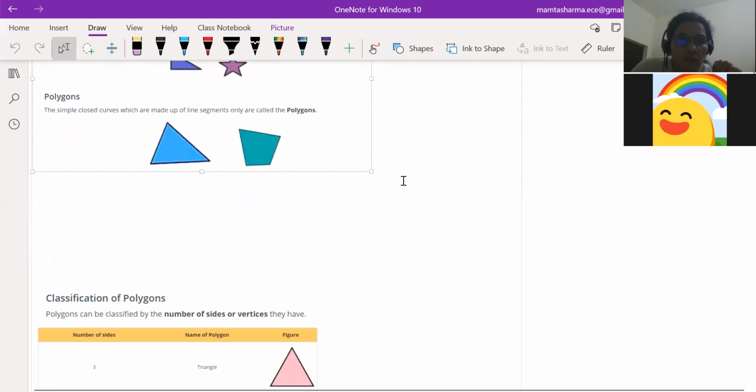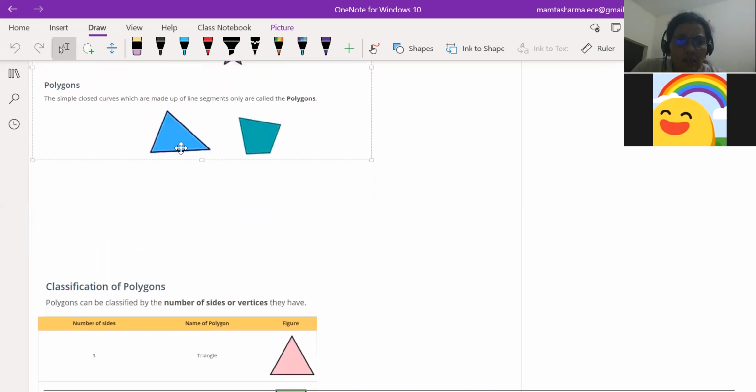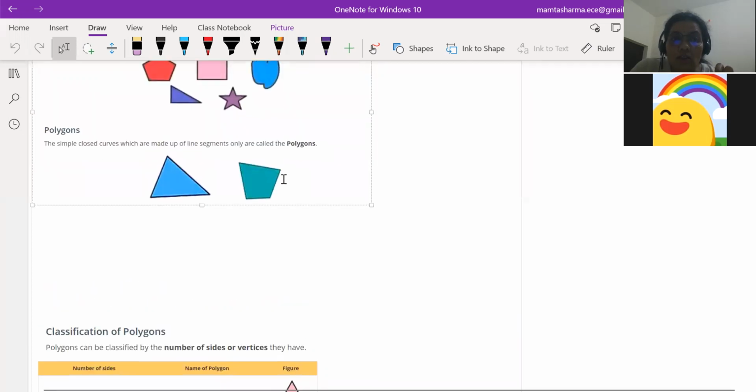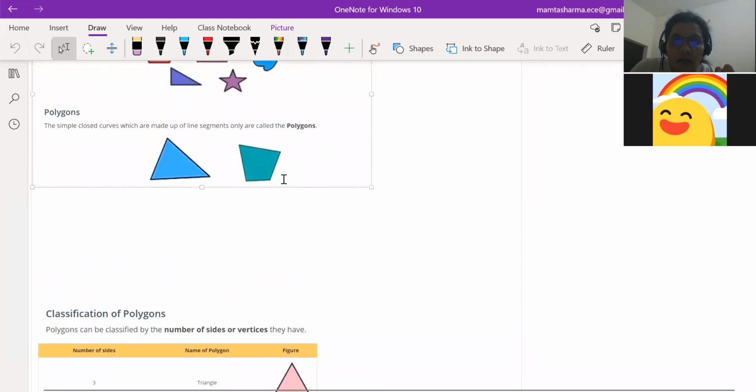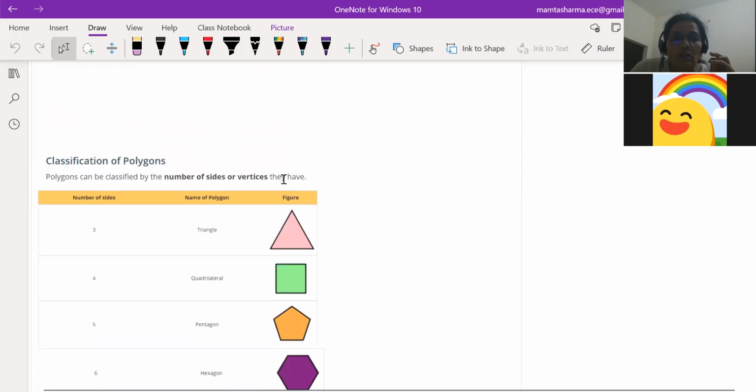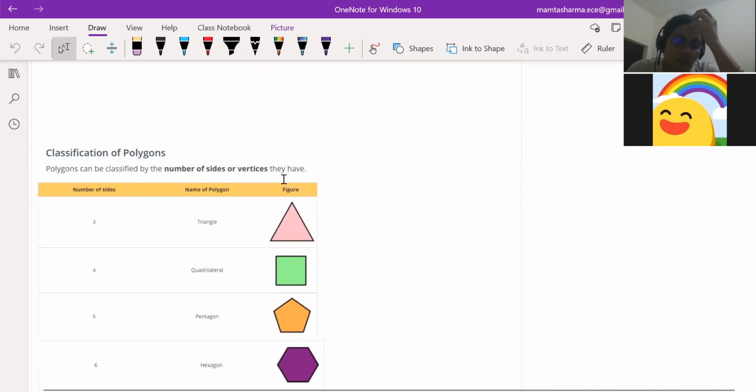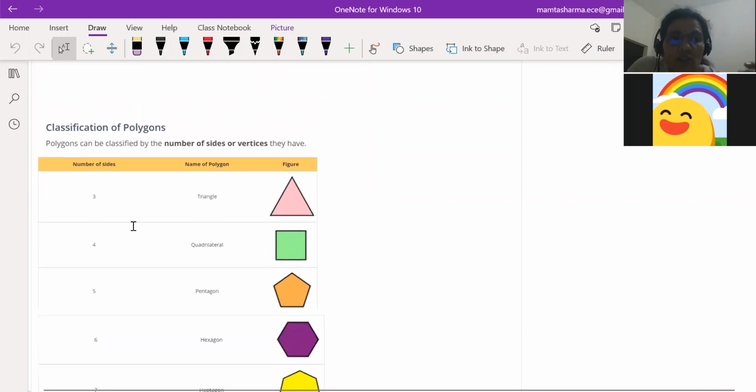Now see, this is the triangle, this is a polygon, this is a quadrilateral, this is having 4 line segments. The shape which is having 4 line segments is called a quadrilateral. Now we will classify these polygons, first of all, on the basis of number of sides.